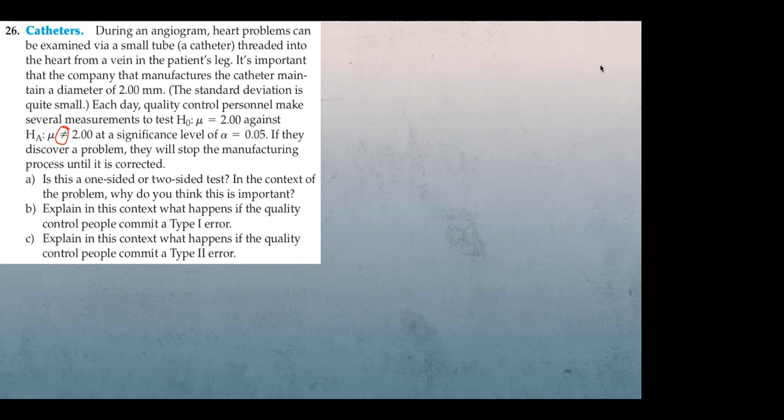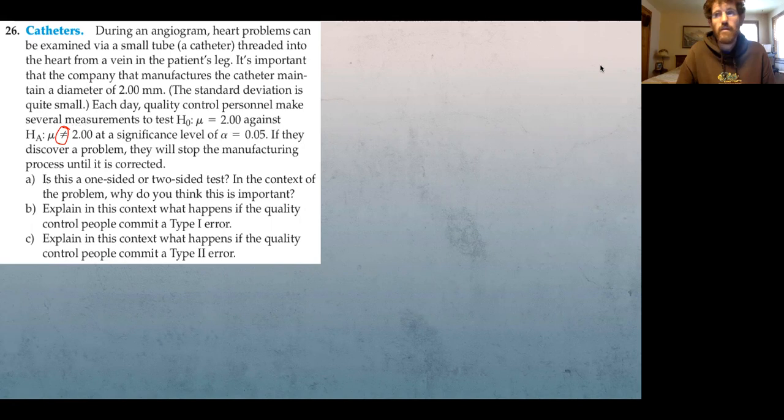Because our p-value could be either negative or positive. It could be, yeah. But more specifically, think about what that means. If the true mean is greater than or just not equal to 2, what kind of problems would you have?